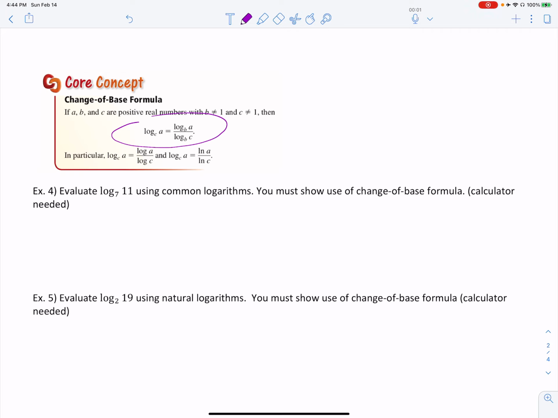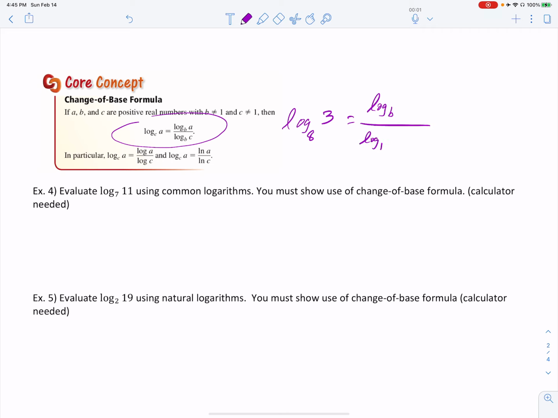And so we have this change of base formula. Some of you will need it just to use your calculator to evaluate when the bases are something other than base 10 or base e. So let's say that we have log base 8 of 3. I can change this to any base.